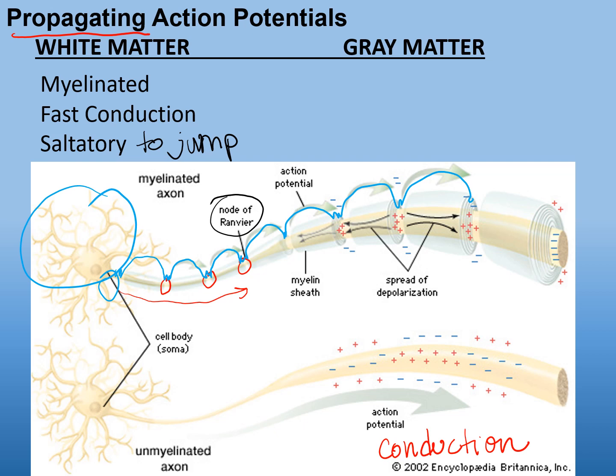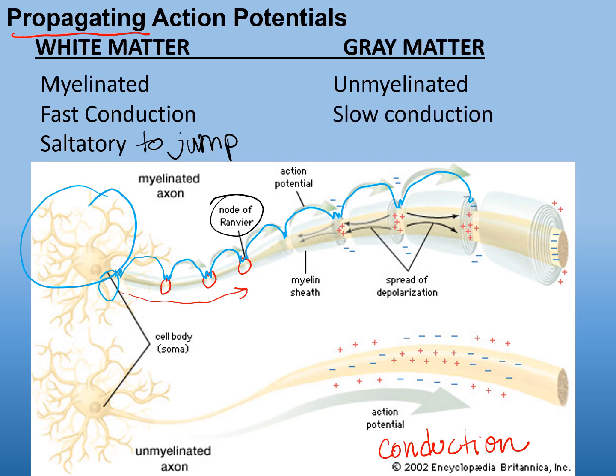And that's because only in those nodes of Ranvier are the ion channels not smothered. The myelin is smothering the ion channel, saying, nope, jump over to the next. No, jump over to the next. The axon on the bottom is unmyelinated. There's no myelin on it, and that's what we call gray matter.